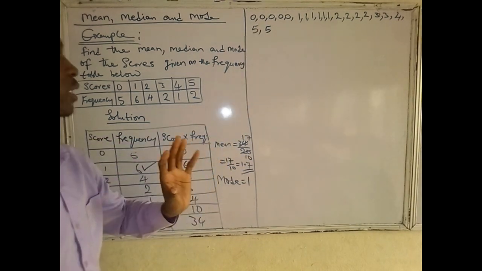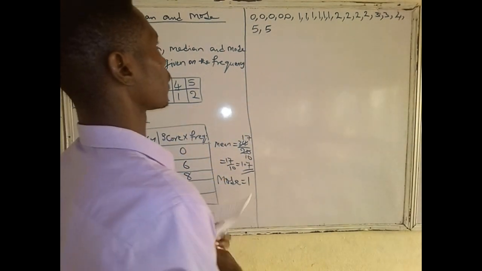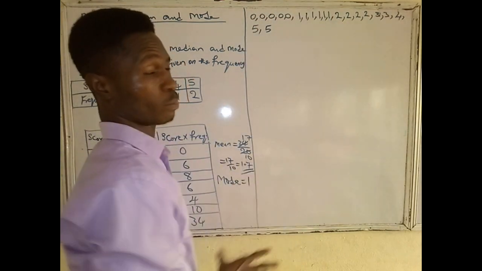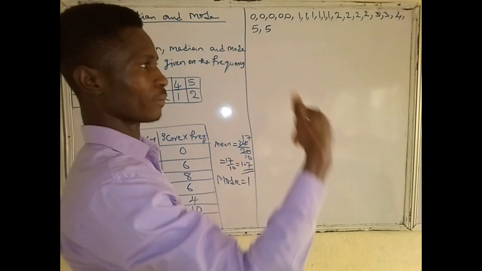So the next point now is we count both sides to get to a midpoint by cancelling them.